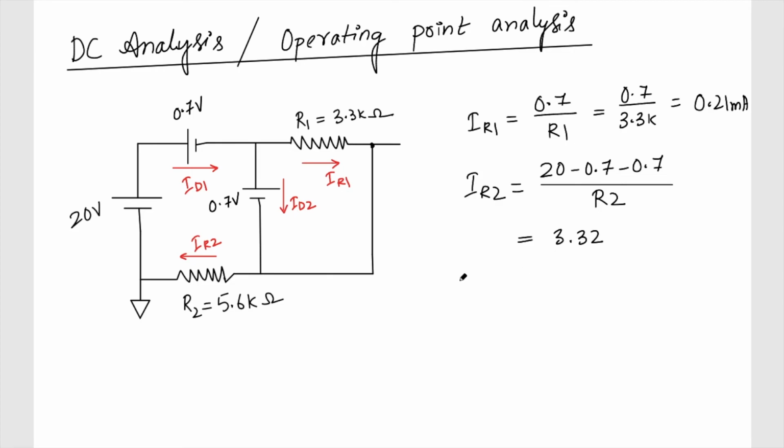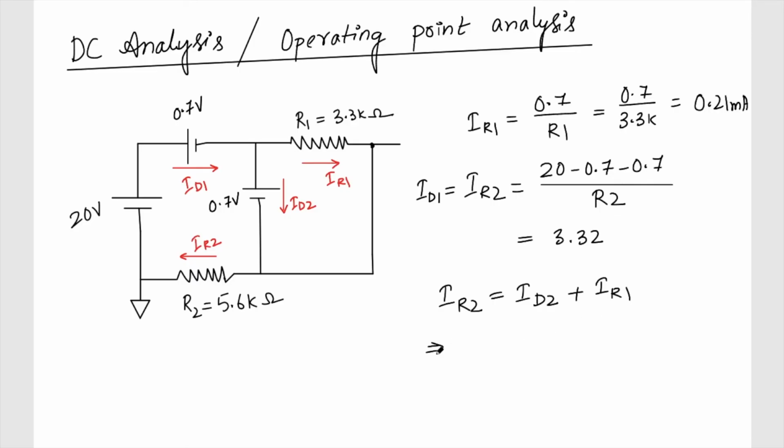Okay, and of course this is the IR2, and this same current is flowing through ID1. So this is also basically this ID1, and we know that this IR2 is summation of ID2 and IR1.